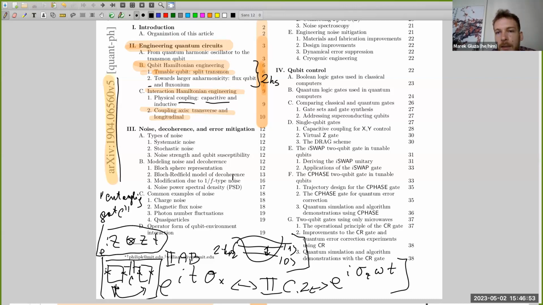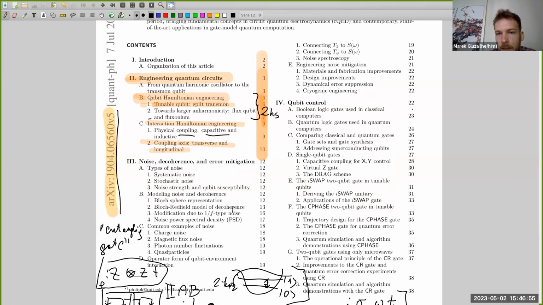Entangling gate and stuff like this will be described. Where will we have it? I think there was quite a nice section. Here's a little bit of an overview on universal quantum computer, gate set synthesis, and so on. So around here, you will have some discussion about universality, a quick overview. If not enough for you, then you need Nielsen-Chuang.